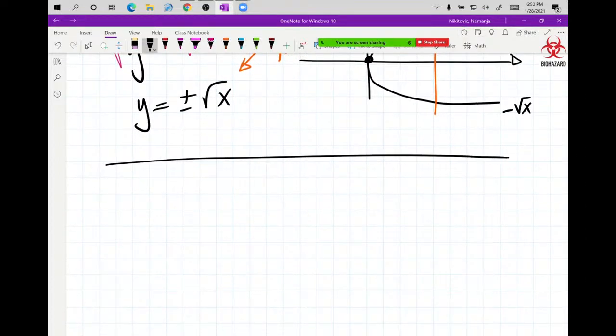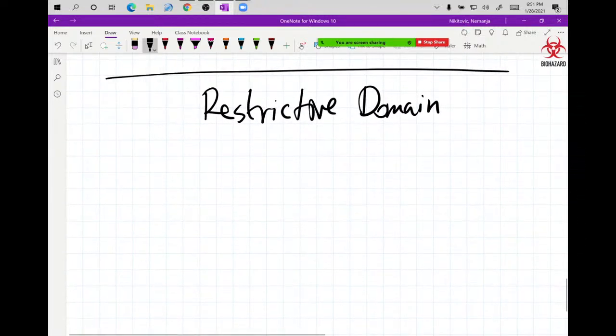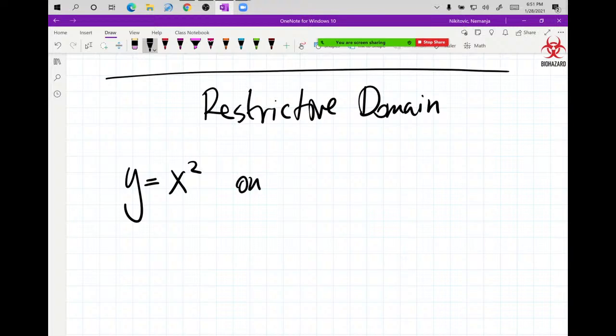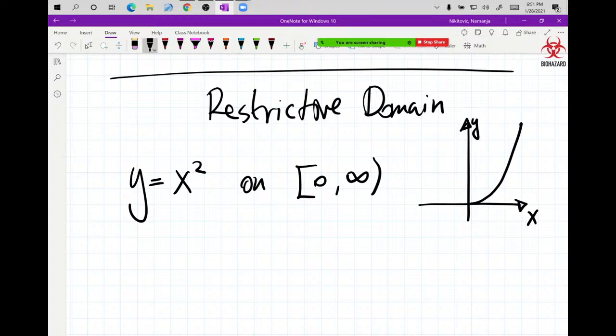And that's called a restricted domain. So I'm going to have my y equals x squared, but on 0 to infinity. So I technically cheated. I only took this much of my parabola, from 0 to infinity. So I'm only dealing with half of the function.